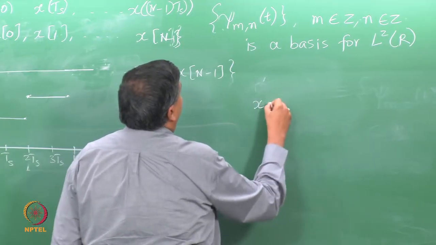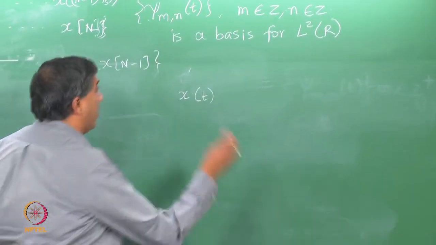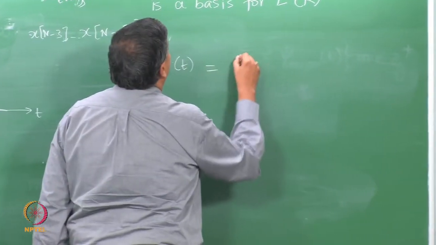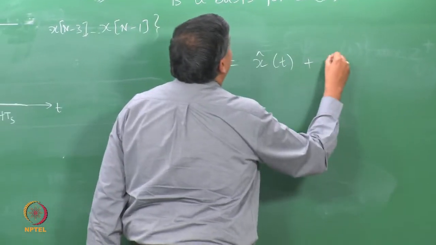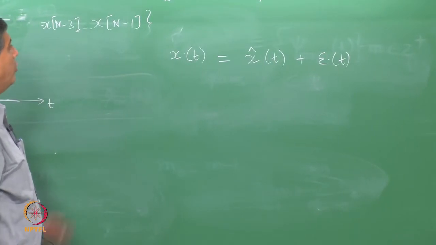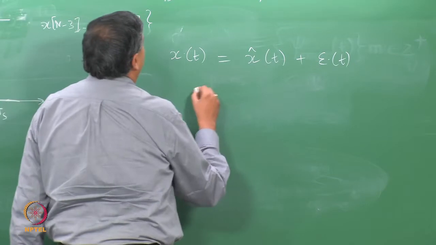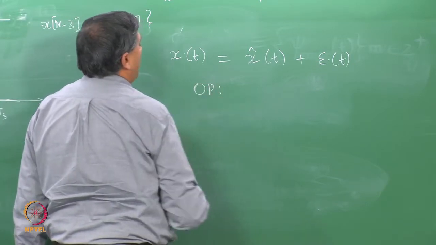So, I have x of t living in some space V, and we are breaking this up into an approximation plus some error. All right. Orthogonal projection has this speciality, we call it orthogonal projection OP.